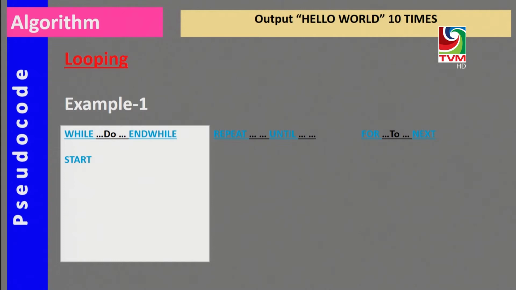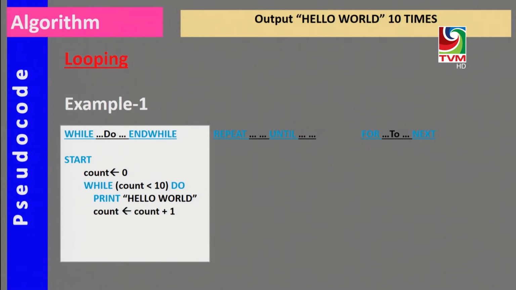Start. Count equal to 0; count is a variable, and the initial value of count is 0. While count less than 10, if this condition is true, the following set of statements will be executed: print hello world, count equal to count plus 1. Say the initial value of count is 0.